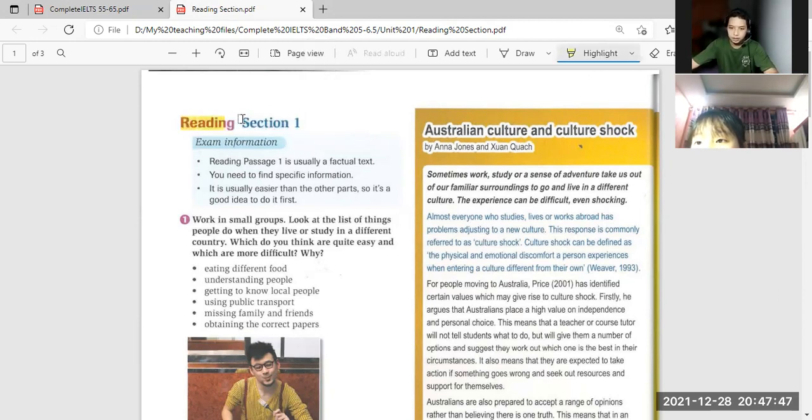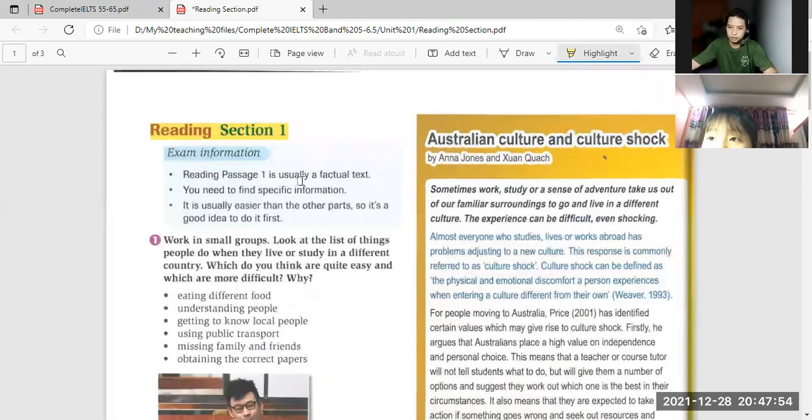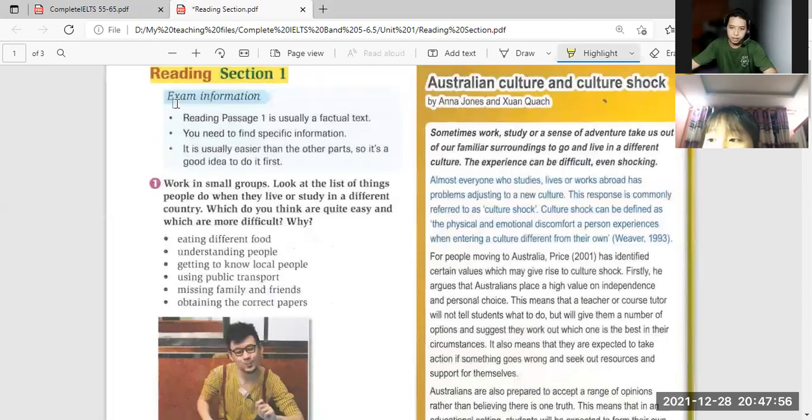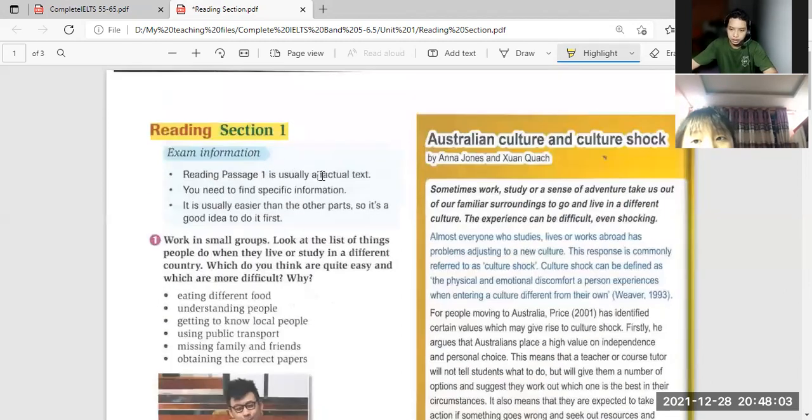So this is reading section 1. Can you read that? Okay, so I will tell you the exam information. Reading passage 1, or reading section 1, is usually about a factual text. Do you know what is factual text?